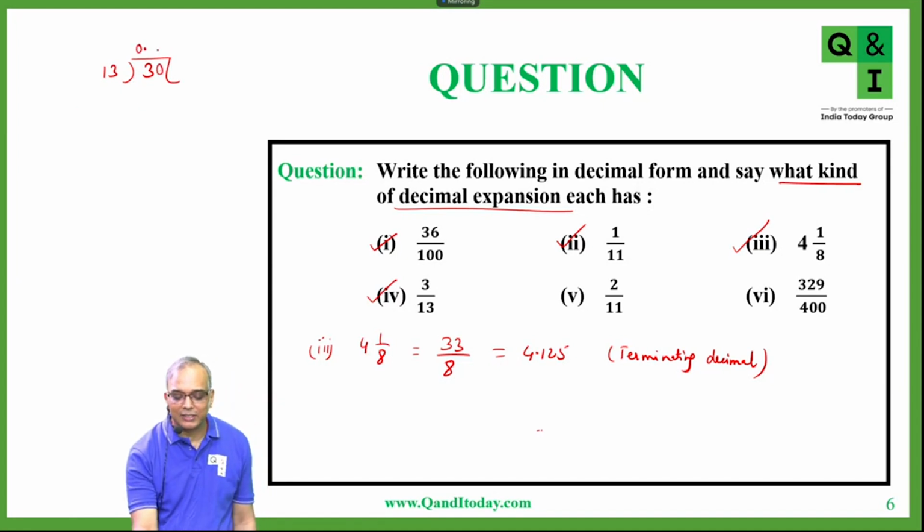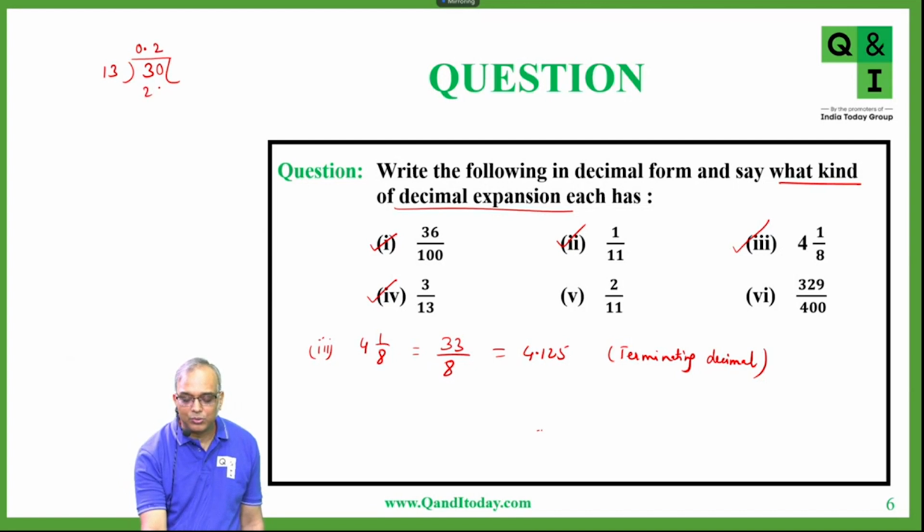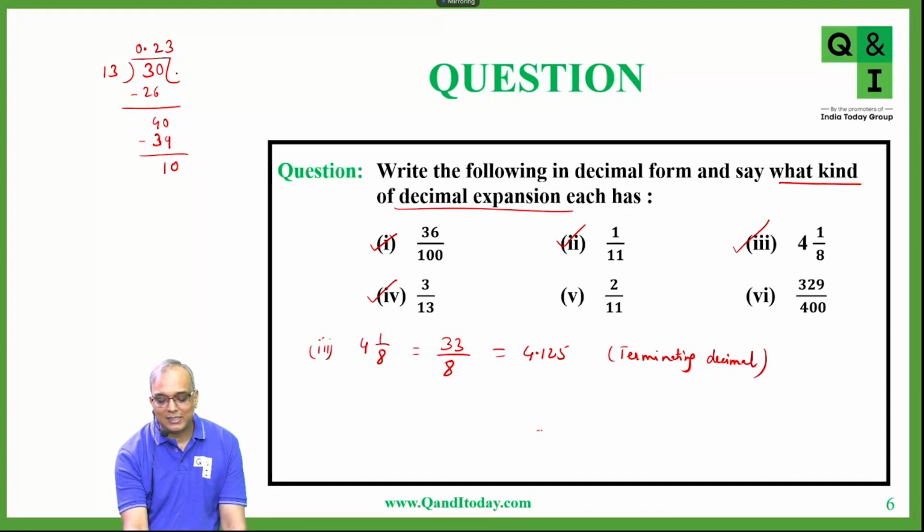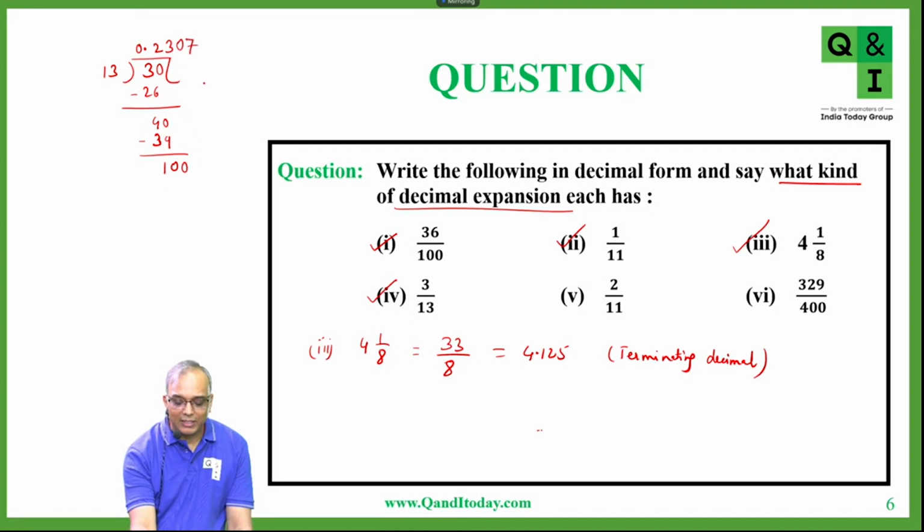So this is 30. 13 times 2 is 26. I have 40. 13 times 3 is 39. We have 1. Now this is 10, but 10 is still smaller, so I'll put 0, 100.